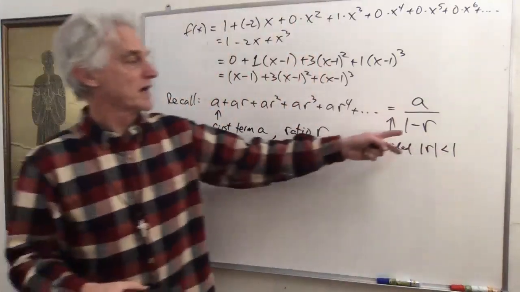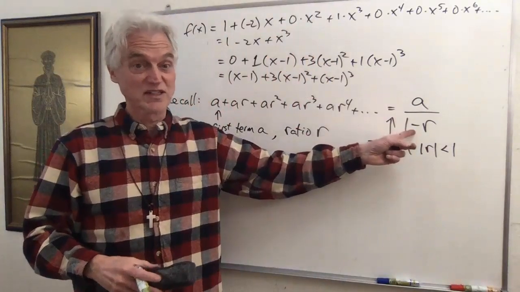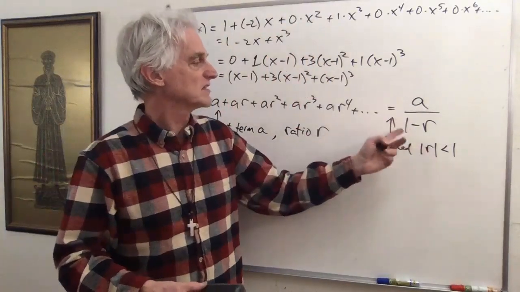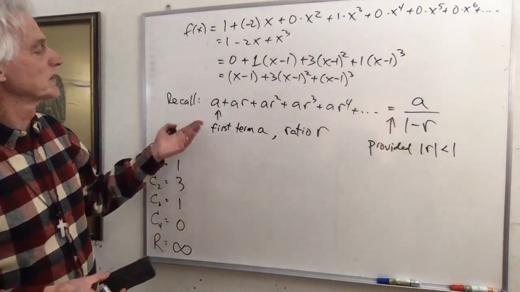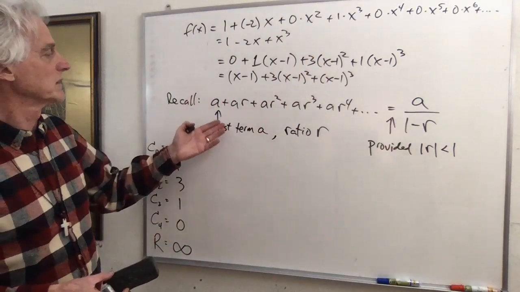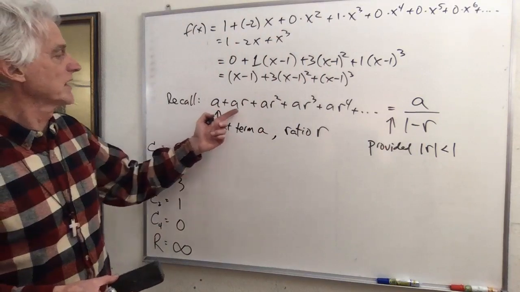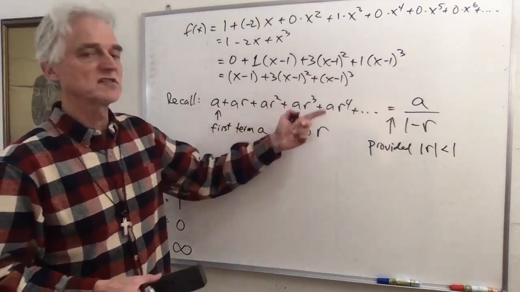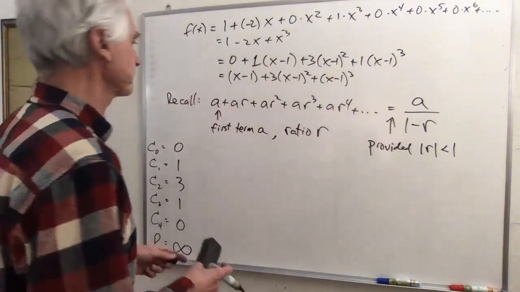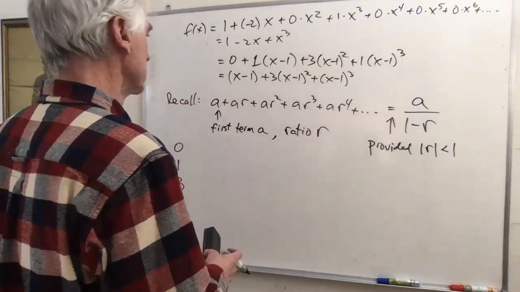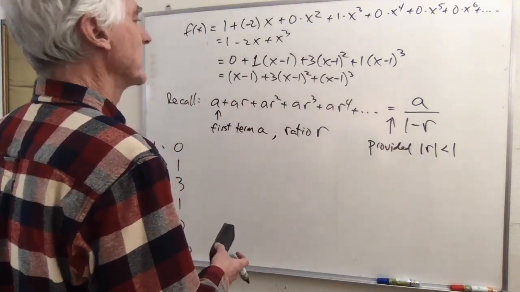If R is 1, I'm out of luck because I'm dividing by 0. Can't do that. If R is negative 1, it doesn't really converge. If R is negative 1, you get A minus A plus A minus A plus A minus A, and that, remember, doesn't converge. So why is that useful?